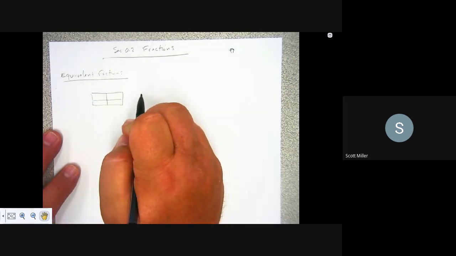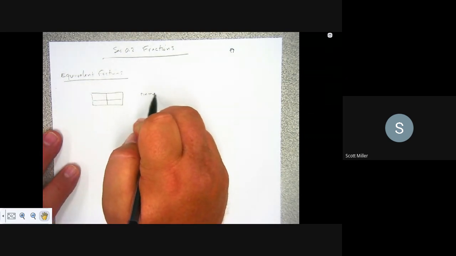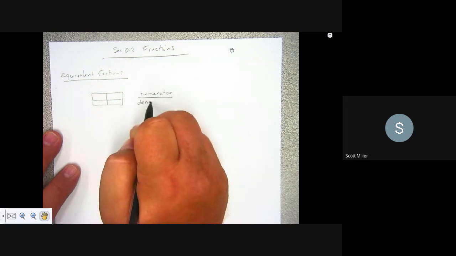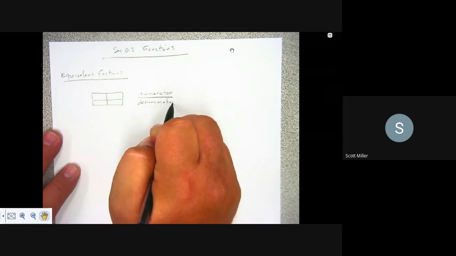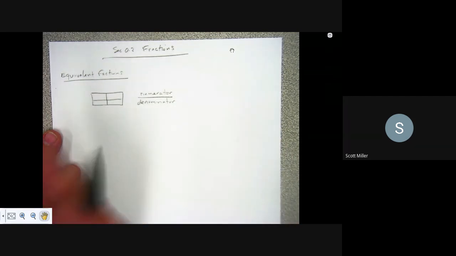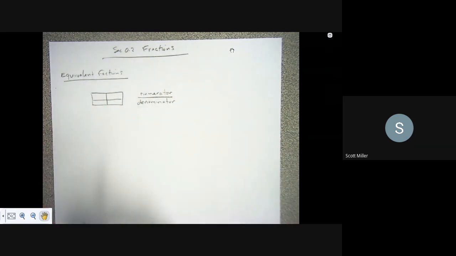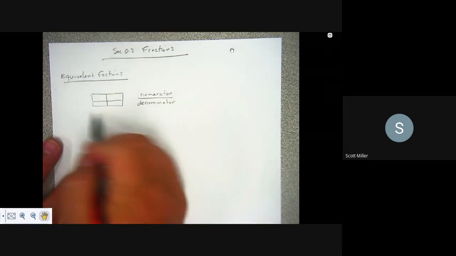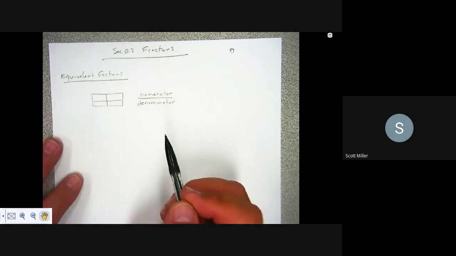A fraction basically has what's called a numerator, a denominator, and there are numbers in there, but they tell a story. They tell you something about what's going on. So here I have this shape. I cut it up into 4 pieces.